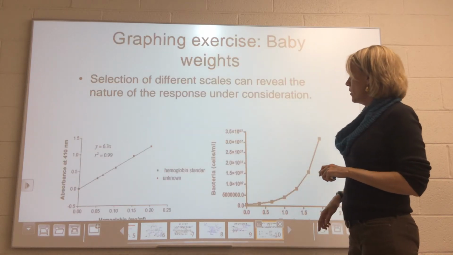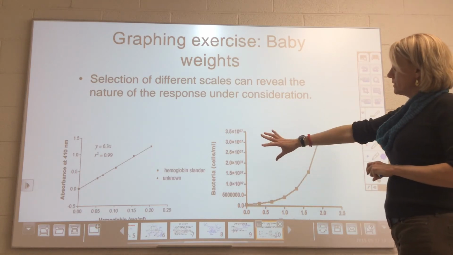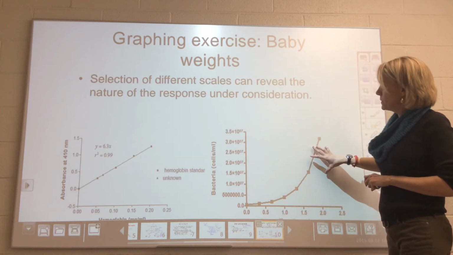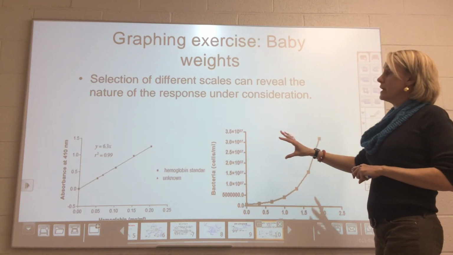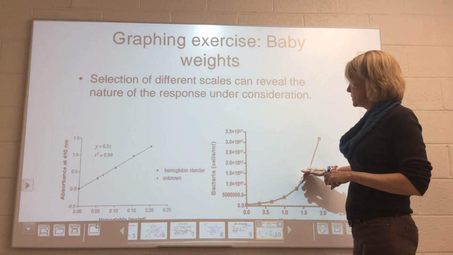Here's again a more graphical look at the 2 different types. We've got a linear graph, and then we've got an exponential. Just looking at these 2, you can see this appears linear, this appears exponential.